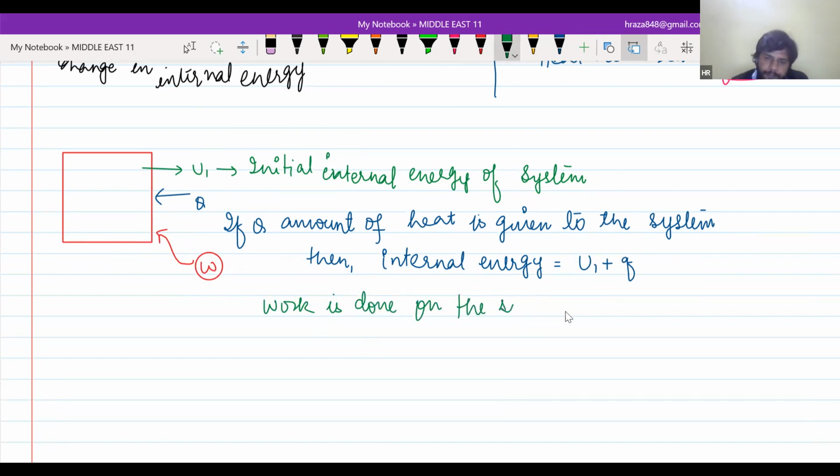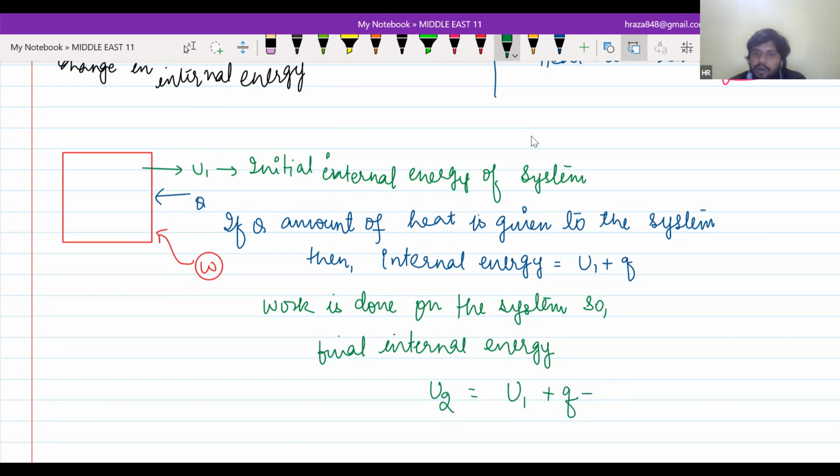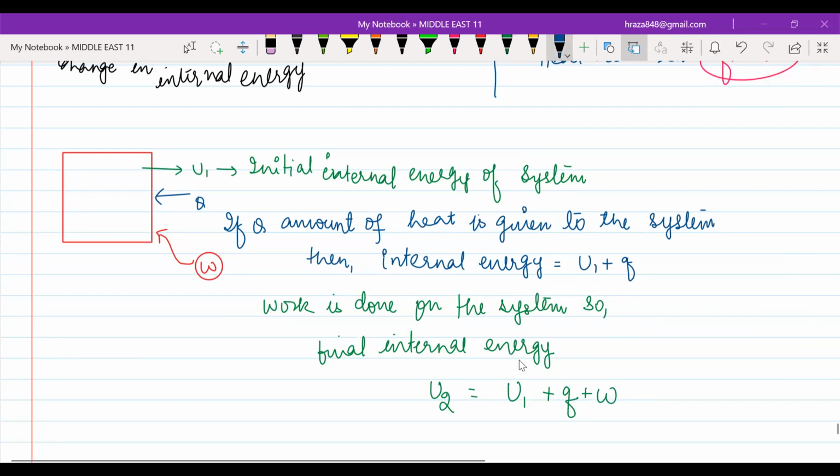So the final internal energy, let's say U2, will be equal to U1 plus Q plus W, right, Krishna? If you do work on the system, that will add up. Ifra, am I audible to you? Yes, sir.